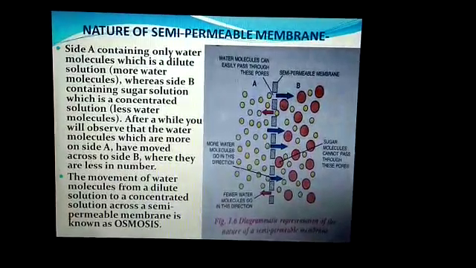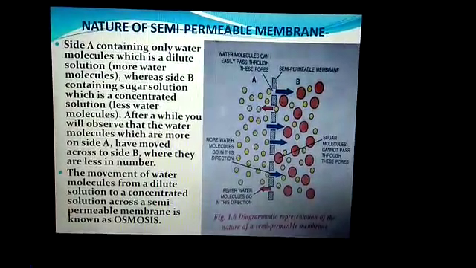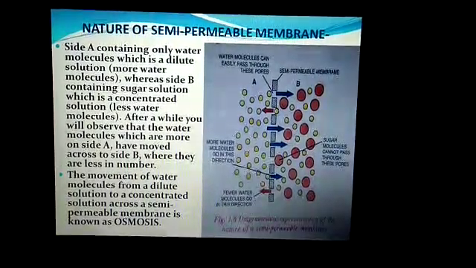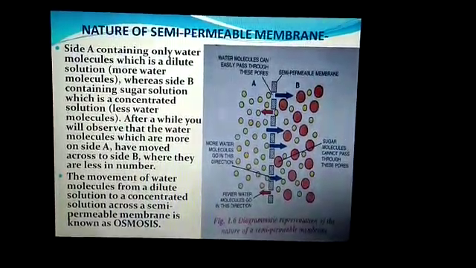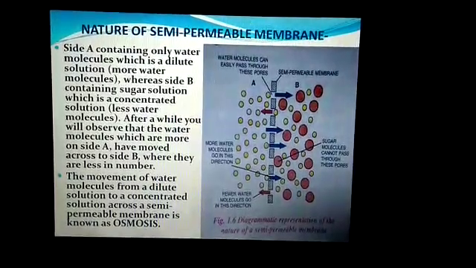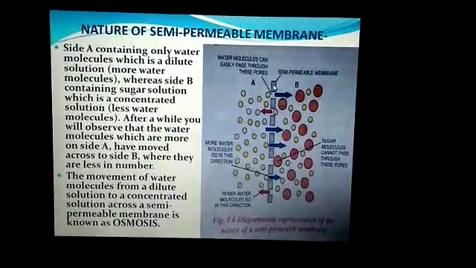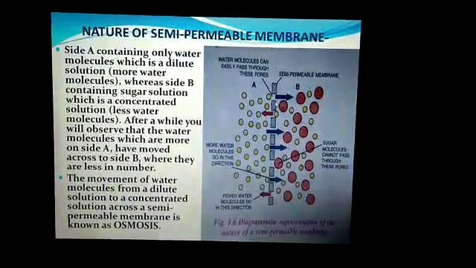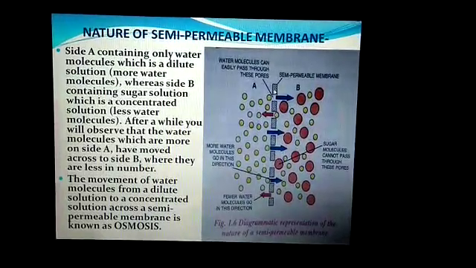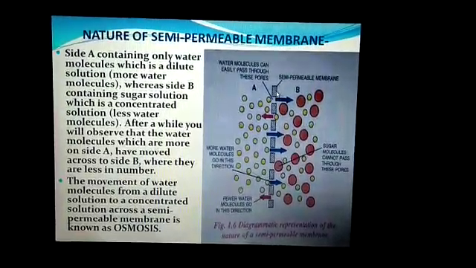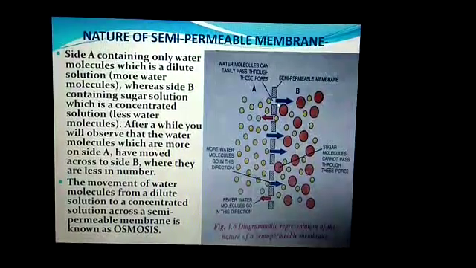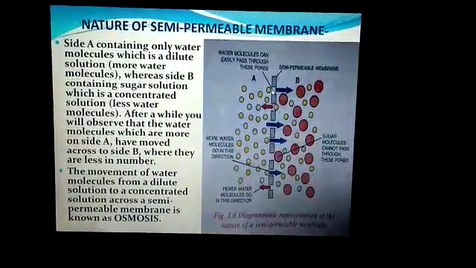As you can see in the picture, there are two sides, side A and side B, and in between you can see this membrane. This line is considered as the semi-permeable membrane, and it has some pores in it, meaning open space.